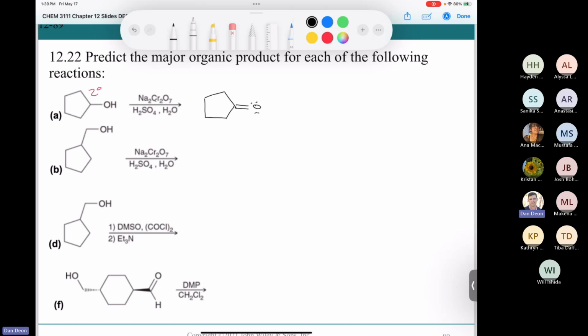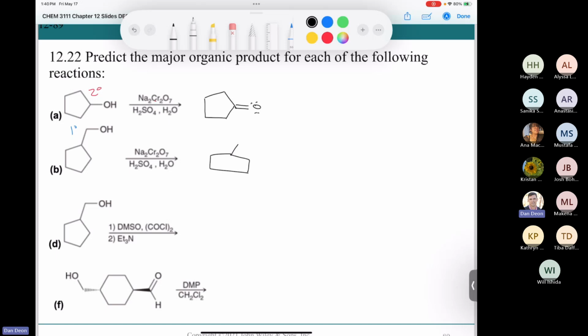Good. The next one, we have a primary alcohol, and we're treating it with chromic acid again. So if I treat a primary alcohol with chromic acid, what functional group is it going to be converted into? Anybody? Not with chromic acid. Remember, chromic acid is strong. It's the strongest one.